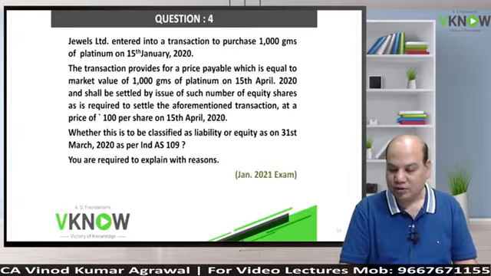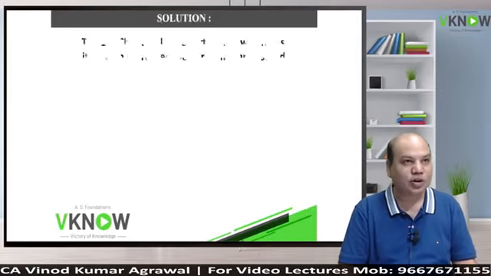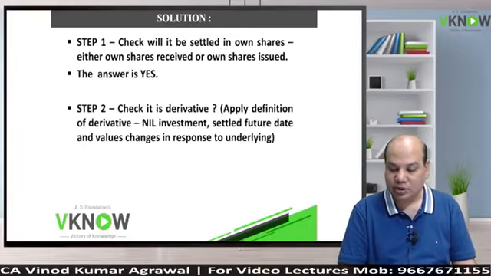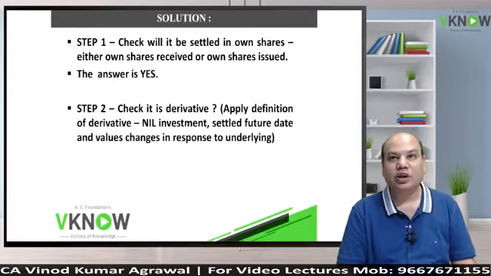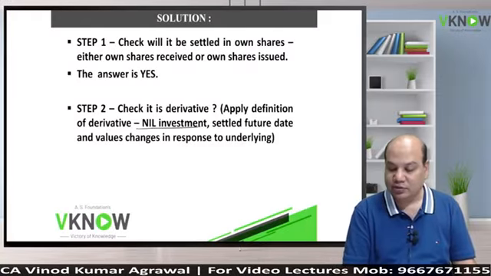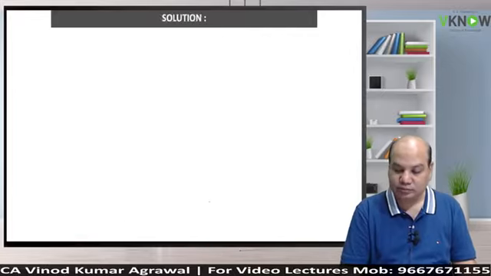How do you check, how do you write the answer in the exam? This is an actual exam question. First check whether the contract will be settled in own shares, yes. Whether it is a derivative or a non-derivative contract. If I apply the definition of derivative, it meets the three requirements: nil investment, future date settlement, value changes.